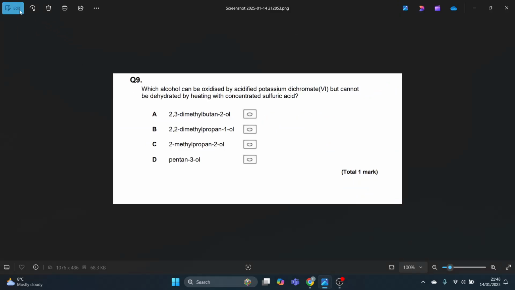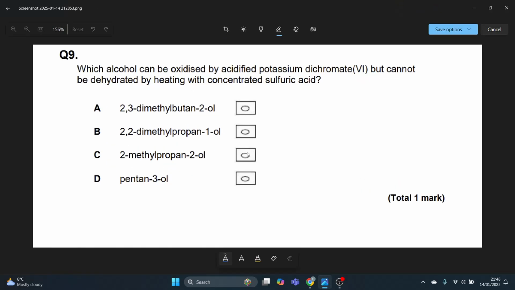Question 9. Which alcohol can be oxidized by acidified potassium dichromate but cannot be dehydrated by heating with concentrated sulfuric acid? Can be oxidized. So firstly, I would literally just find out what kind of alcohols there are.